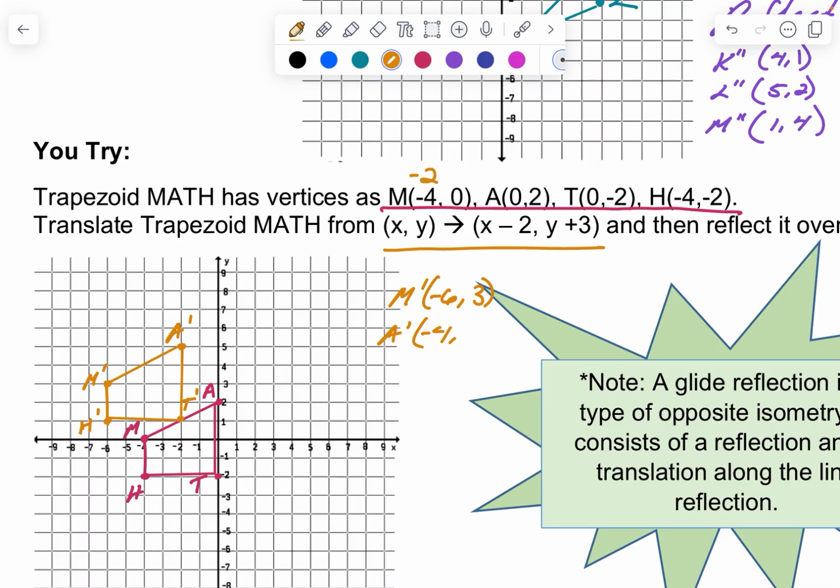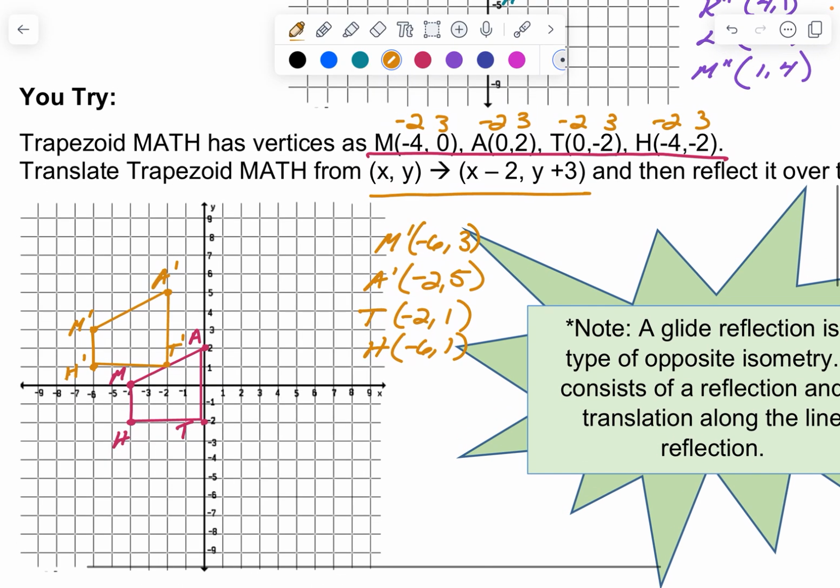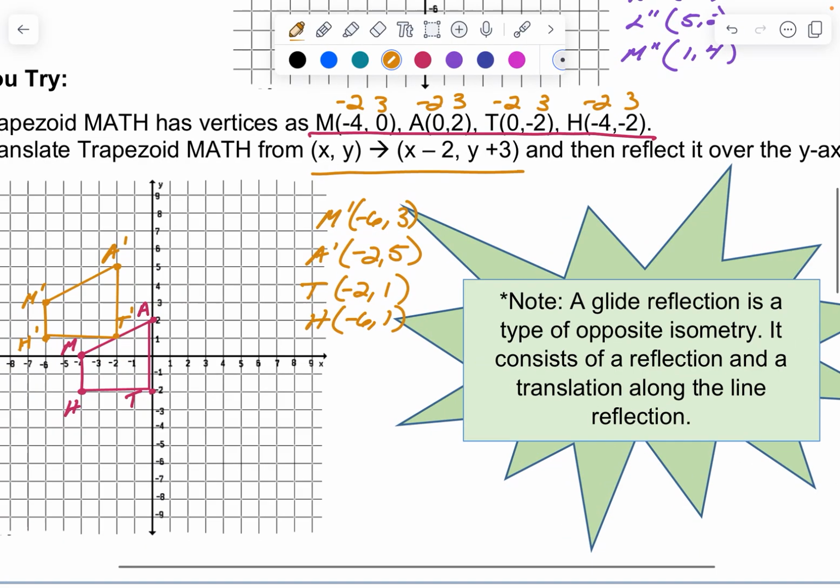Minus 2, plus 3. Okay. Let's try that again. Oops. Let's erase that. Try again. A prime is (-2, 5). There we go. T is (-2, 1). H is (-6, 1). Perfect. Okay. So now we're going to reflect it over the y-axis.